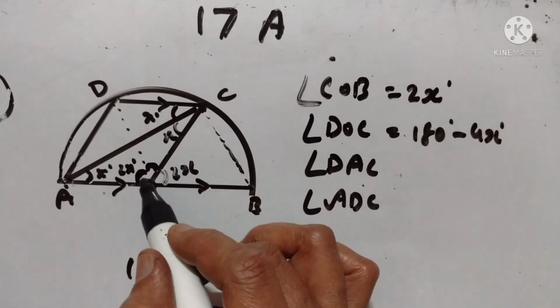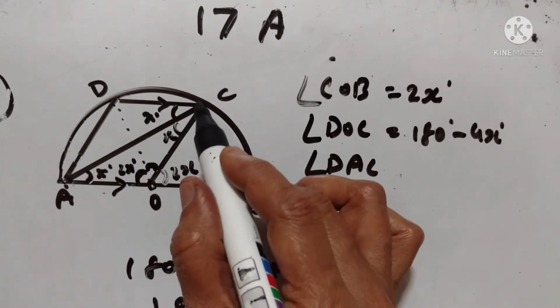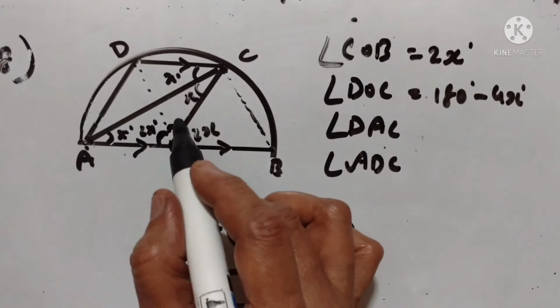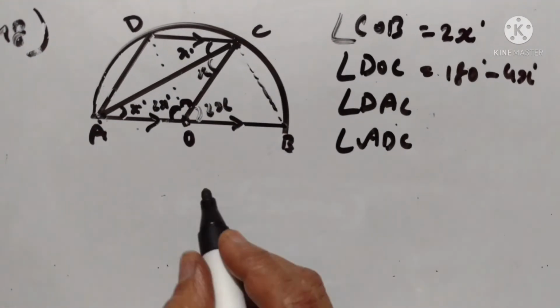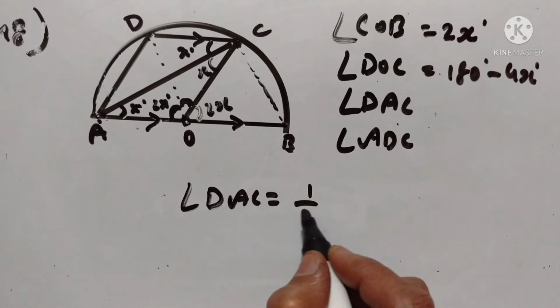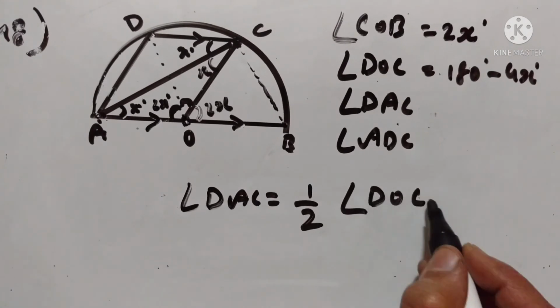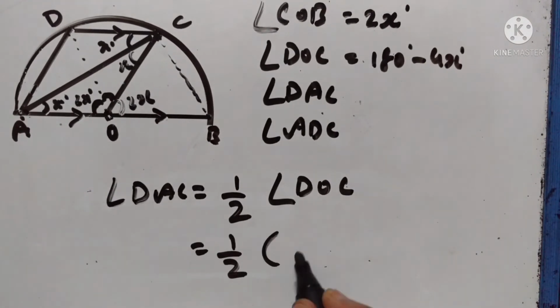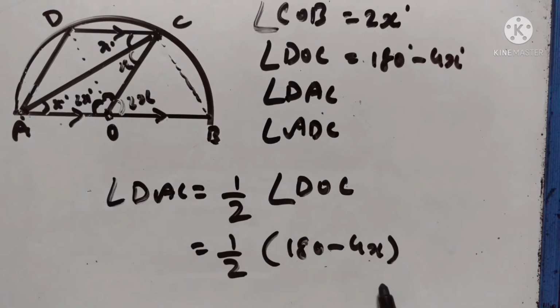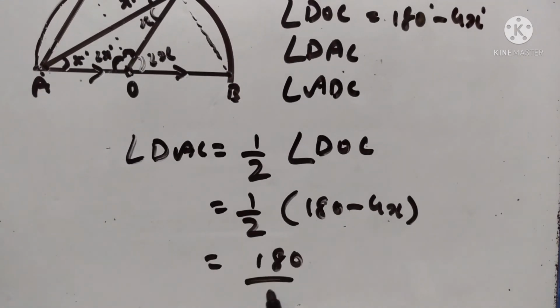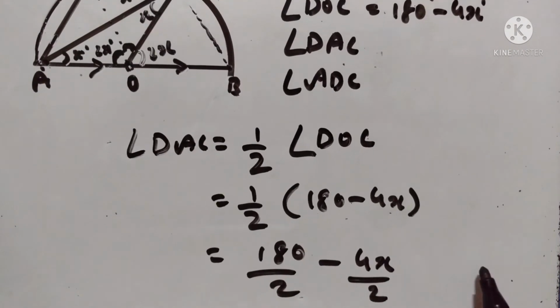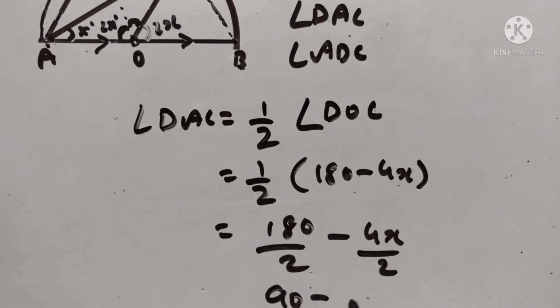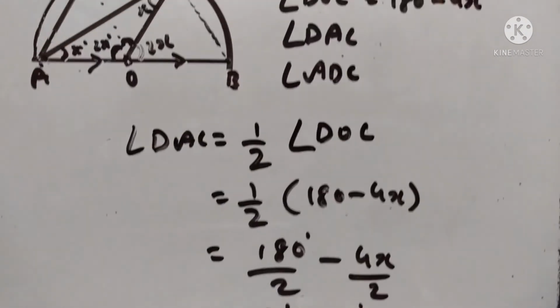Therefore, angle DOC is twice angle DAC, or angle DAC is half of angle DOC. DOC is equal to 180 minus 4x. Half of 180 minus 4x is 180 upon 2 minus 4x upon 2. So this is 90 minus 2x. So angle DAC is equal to 90 minus 2x.